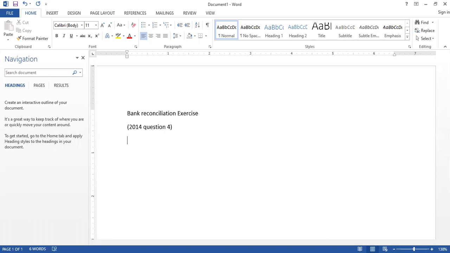Under bank reconciliation, you will always be asked two main things: an updated cash book as well as your bank reconciliation statement.